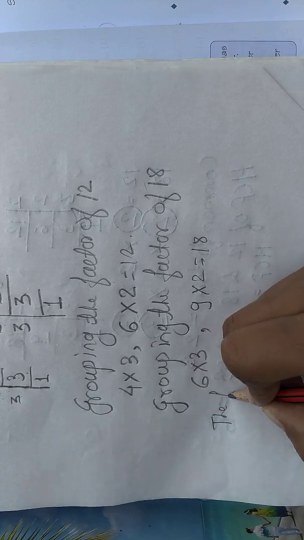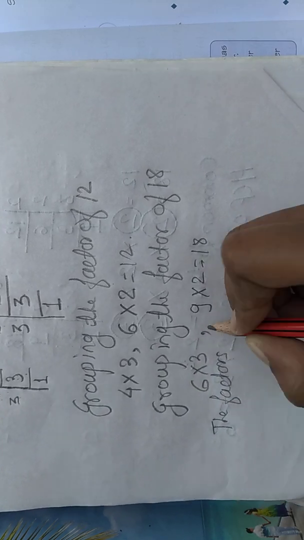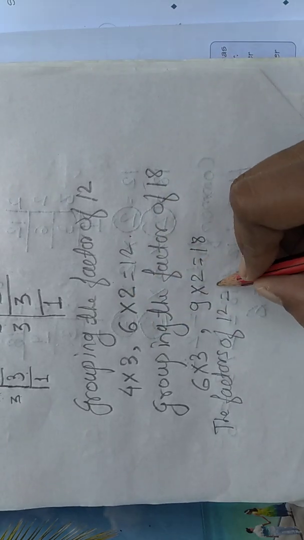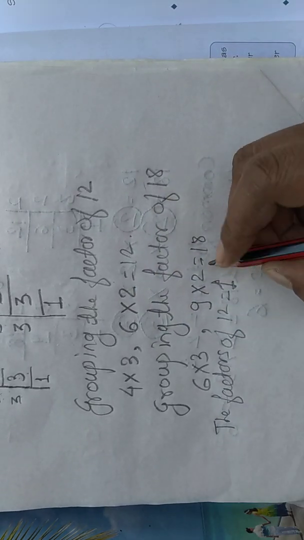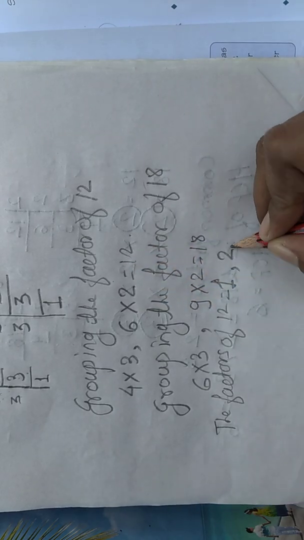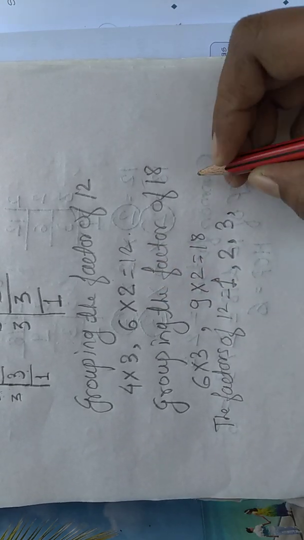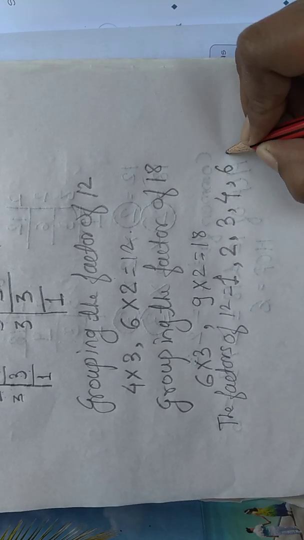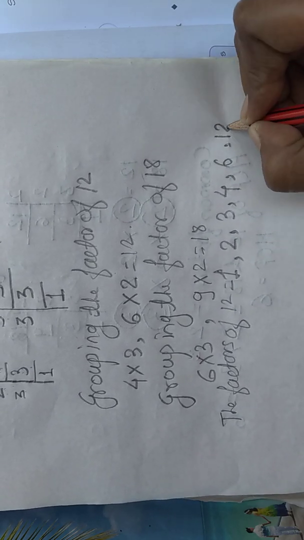The factors of 12. So which are the factors of 12? 1 is the common factor. 1 is a factor of everything, the common factor. Then 2, 3, 4, 6 and 12.